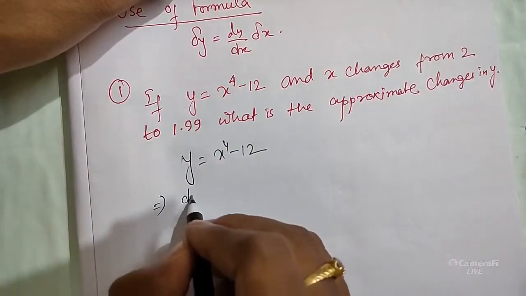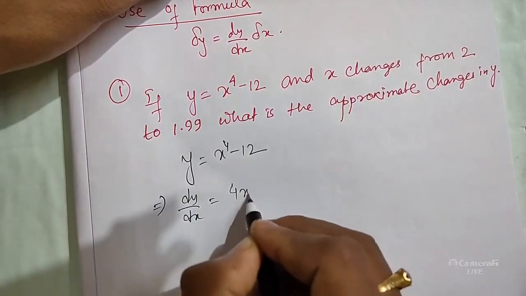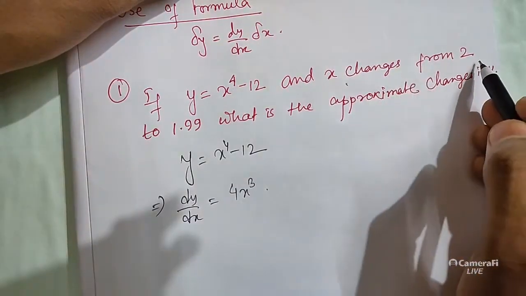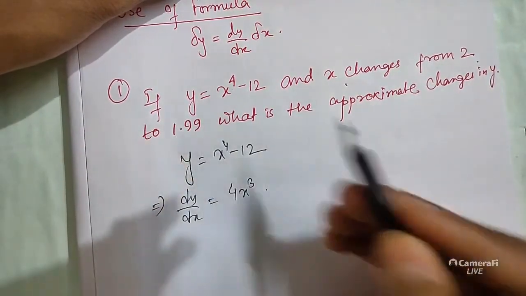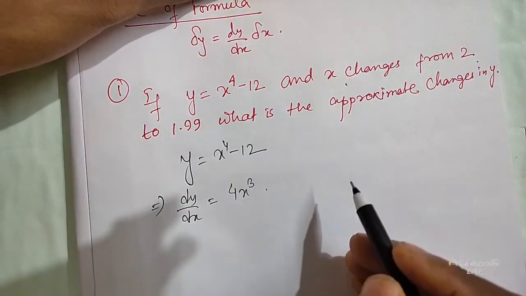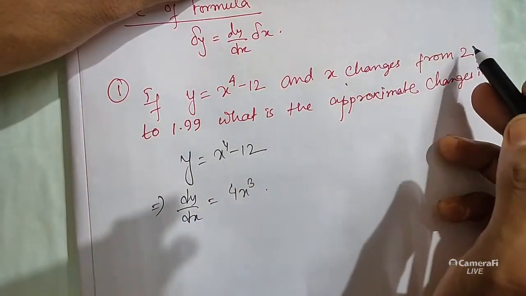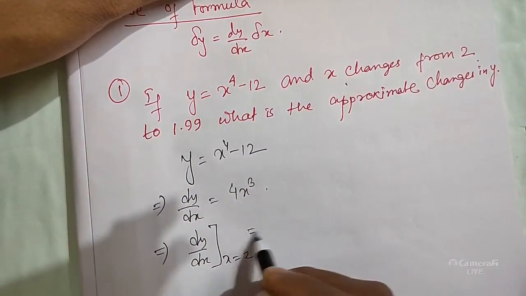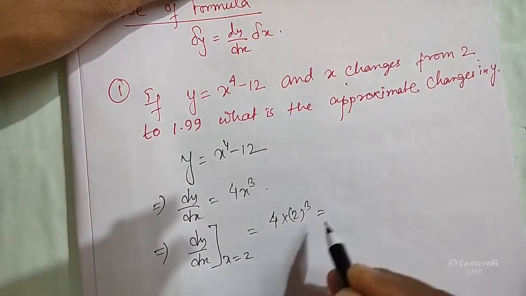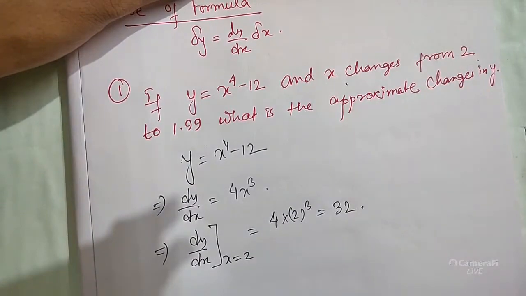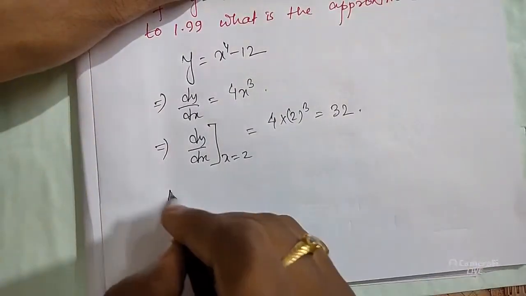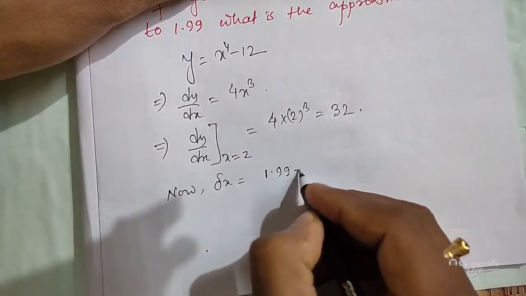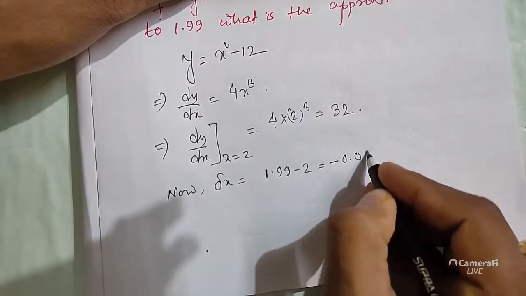So from here we can easily find dy by dx is equal to 4x cube. Now x changes from 2 to 1.99. So first we have to find the value of dy by dx at the point x equals 2. What is that value? 4 into 2 cube, that is 4 into 8 equals 32. Now del x equals 1.99 minus 2, that is minus 0.01.